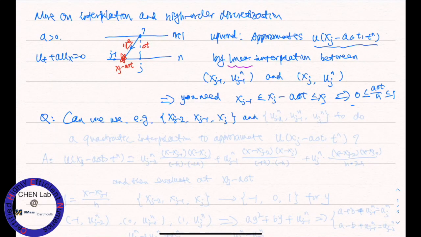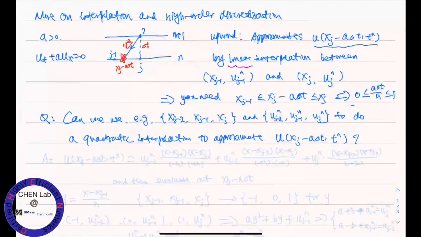And of course, the corresponding values, you need the location and function value, which is uj minus 2 n, uj minus 1 n, uj n, to do a quadratic interpolation to approximate the same unknown guy, u at xj minus a delta t at time level tn.